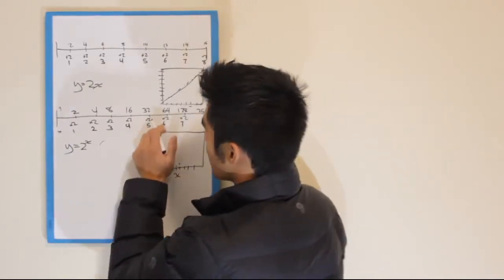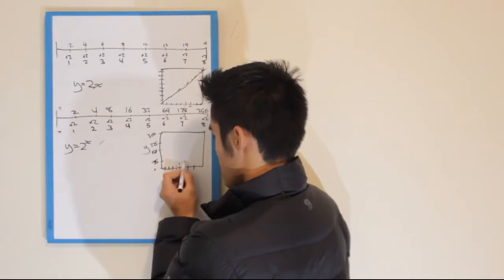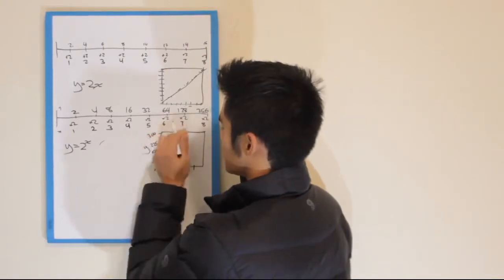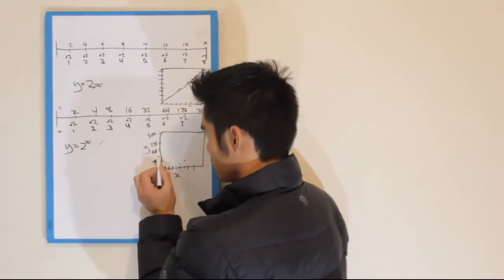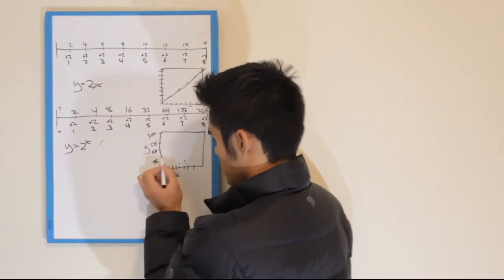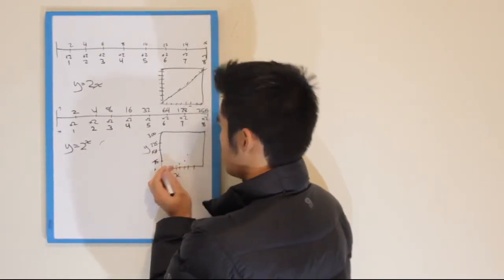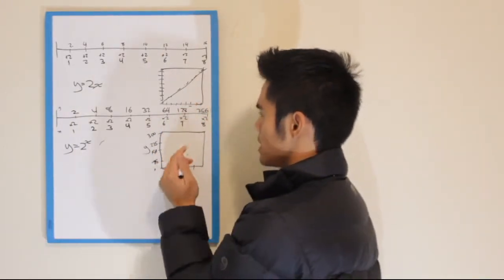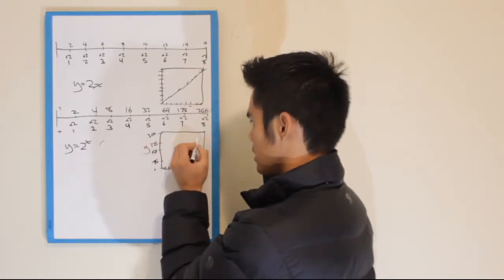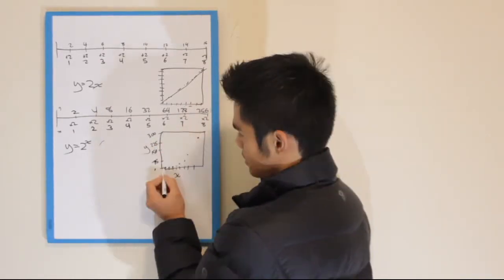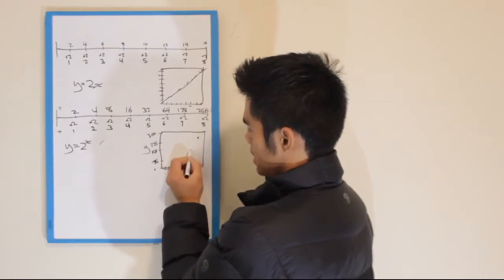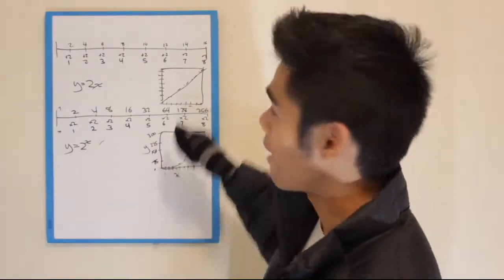And x is equal to 6, y is equal to 64, that's kind of below 75. X is equal to 7, y is equal to 128. That is somewhere around here. And then finally, when x is equal to 8, y is equal to 256. That's a big jump there. It turns into a big, happy, not linear graph.